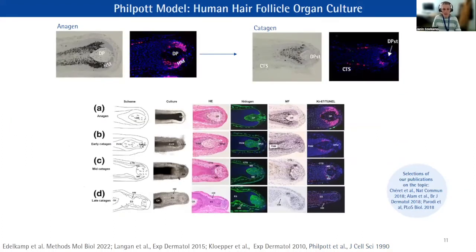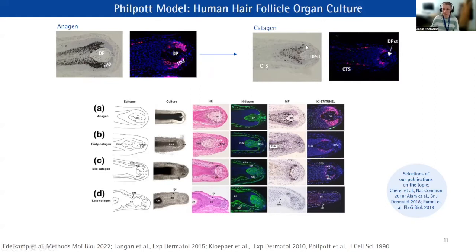So one characteristic of this model, or one caveat that we have to keep in mind, is that during organ culture, the hair follicles will naturally transition from anagen to catagen phase. So what we can then study are basically effects of compounds on the hair cycle only in the transition phase from anagen to catagen, and to see if these compounds prolong anagen phase or prevent catagen induction.